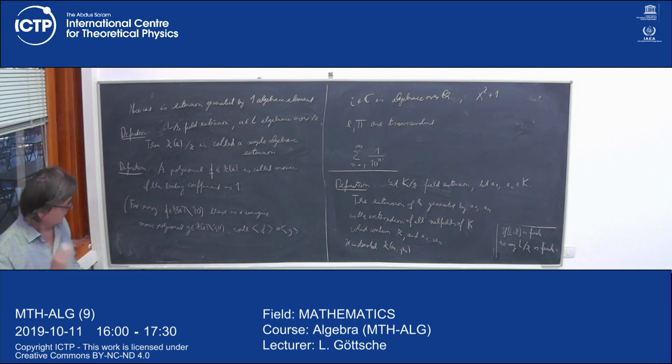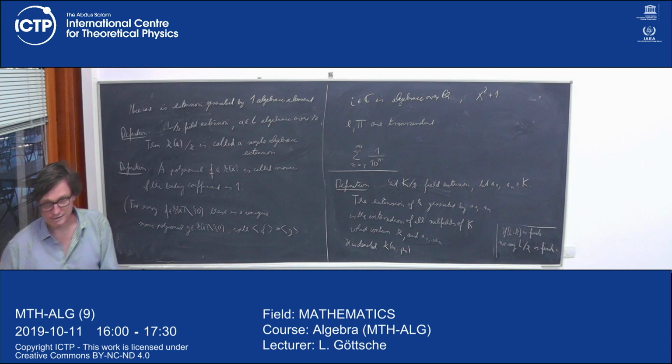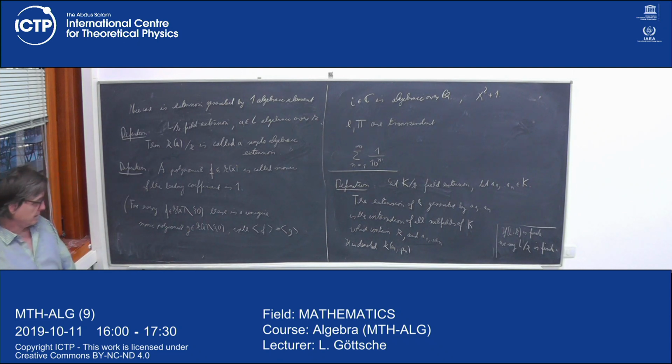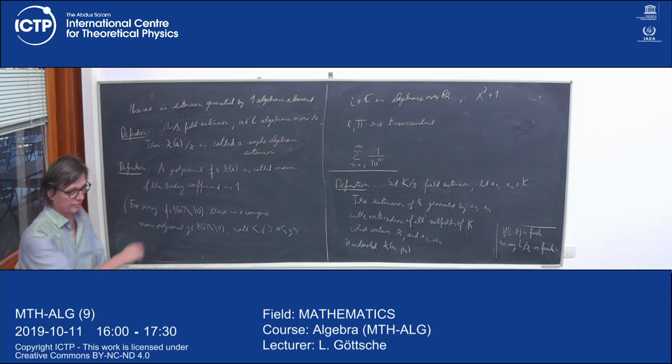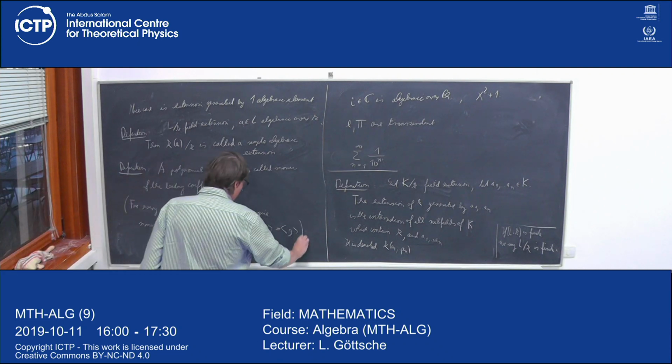Here I just divide by the leading coefficient, and this gives me another polynomial which generates the same ideal. It's the only monic one that does that, because to generate the same ideal they have to differ by multiplying by a unit, and the units are just the non-zero constants. So this is clear.